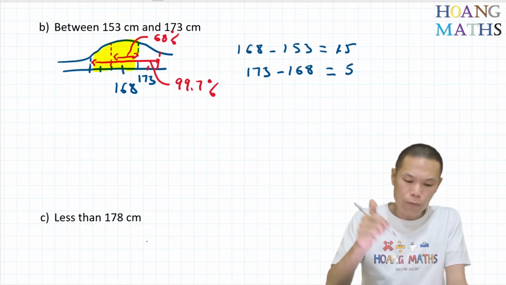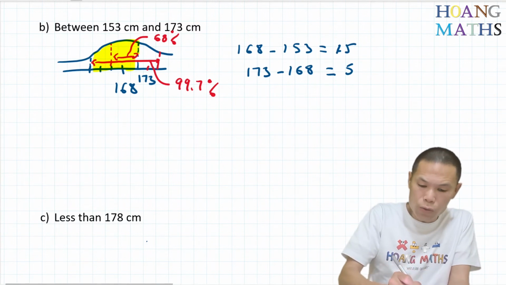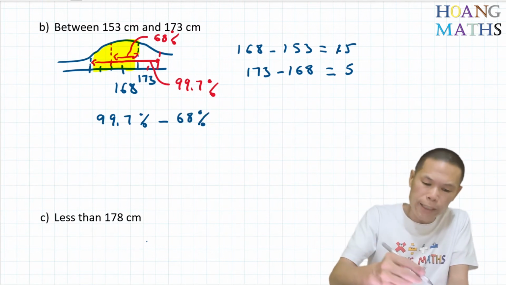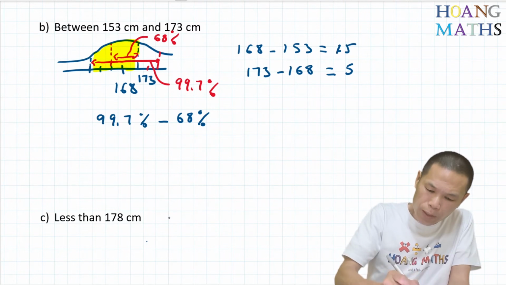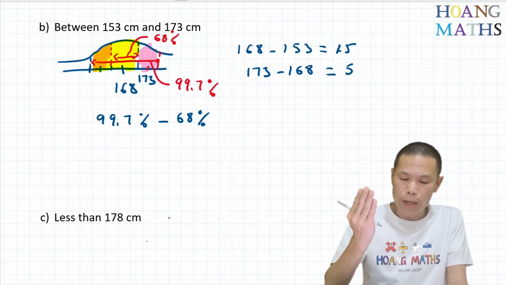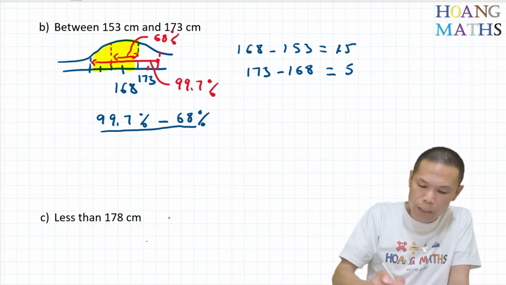Now to work it out, first we go 99.7% minus 68%. If I do that, it will give me this area and this area, okay? But we just need to work out 1, so we just divide this by 2.